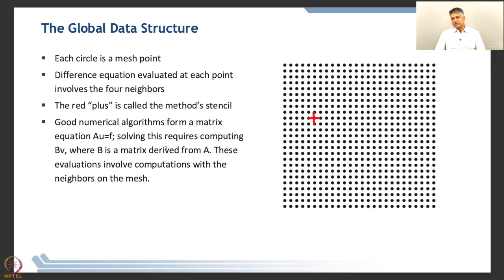This variable depends on the sort of physics that you are trying to solve. For example, in the steady state heat equation, this could be temperature. In fluid mechanics, it could be pressure or velocity. In chemical reactions, it could be species concentration.